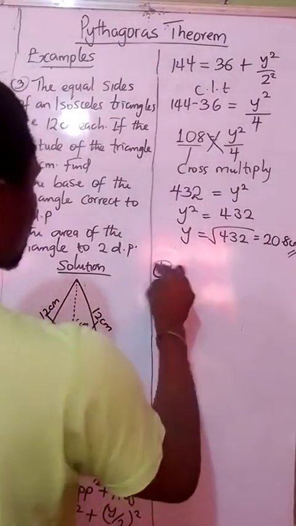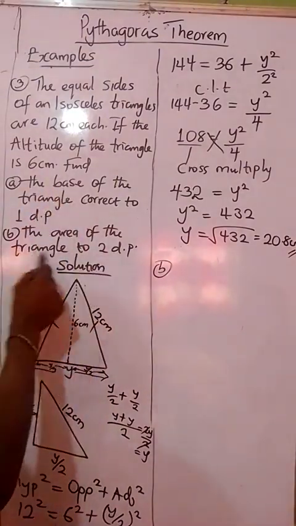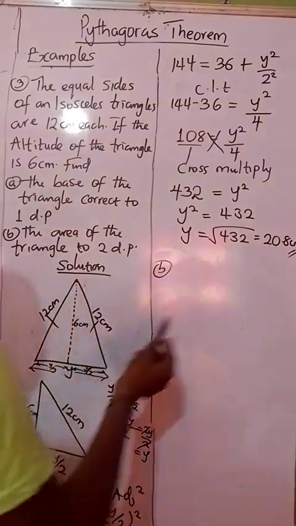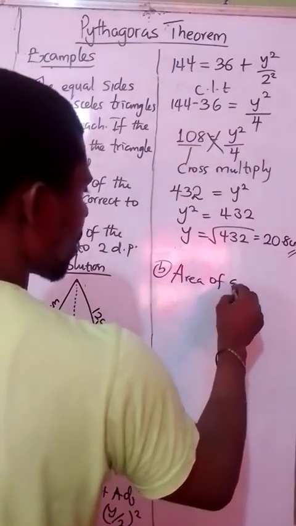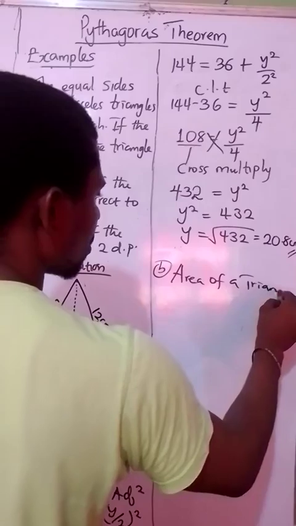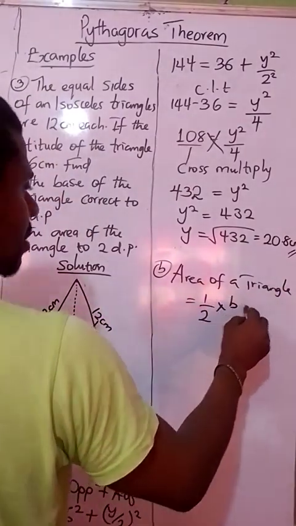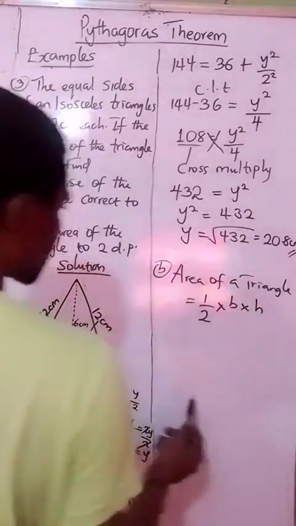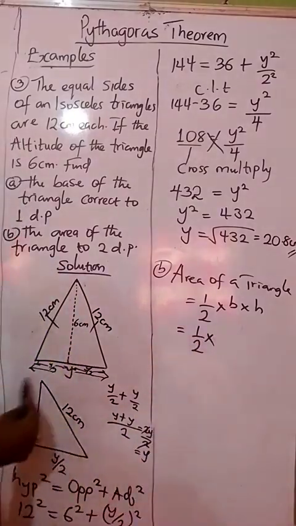Now B, it says find the area of the triangle. So what's the area of the triangle? The area of a triangle equals half multiplied by base multiplied by height. So 1/2 times, what is our base?